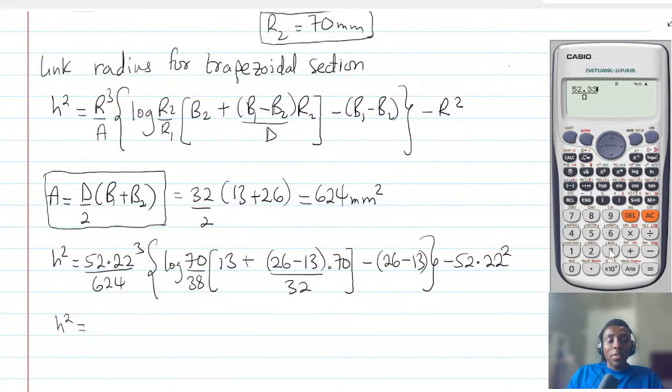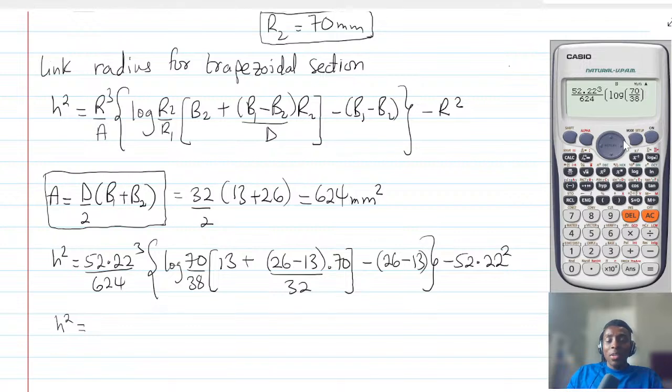So 52.22 cubed divided by 624. Then you multiply the whole of this by log of 70 divided by 38. Then you put that into bracket.